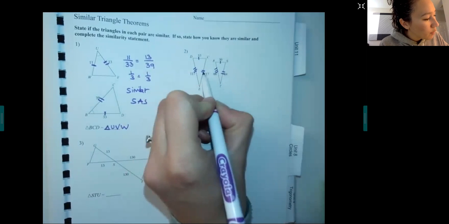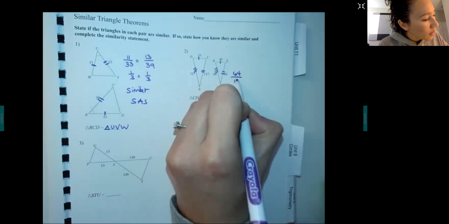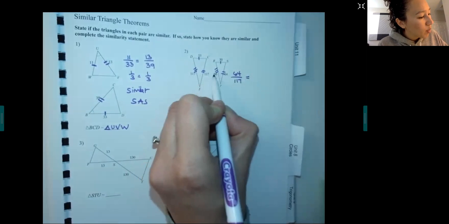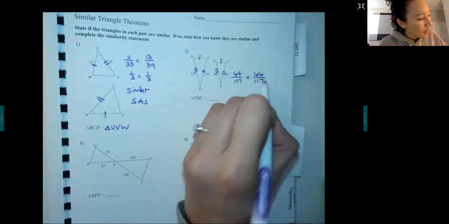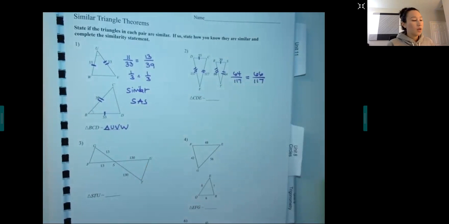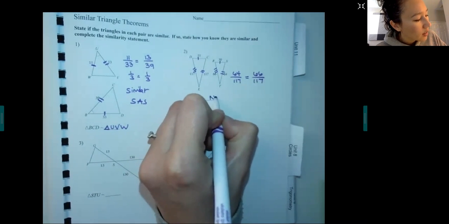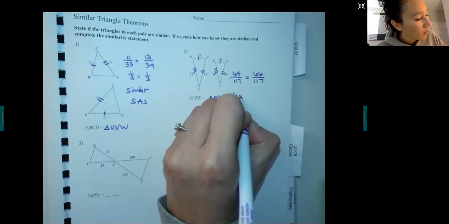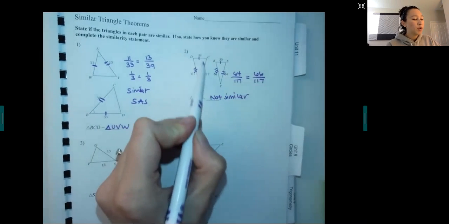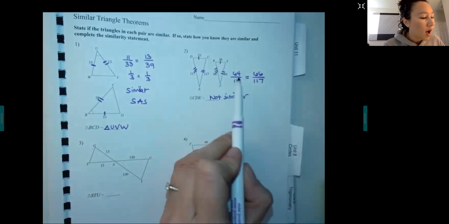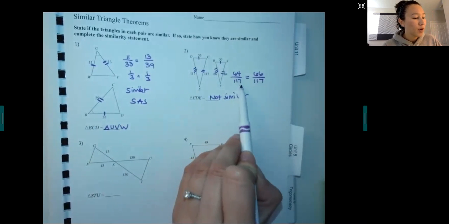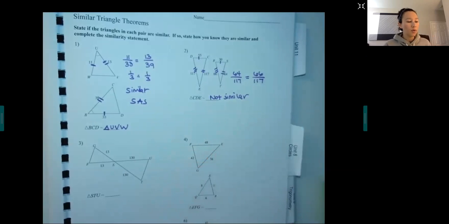Because 64 over 117 is not going to be proportional to 66 over 117. So we know that they are not similar, because we would be trying to prove it using side, side, side, but all three sides are not proportional because 64 over 117 does not equal 66 over 117.